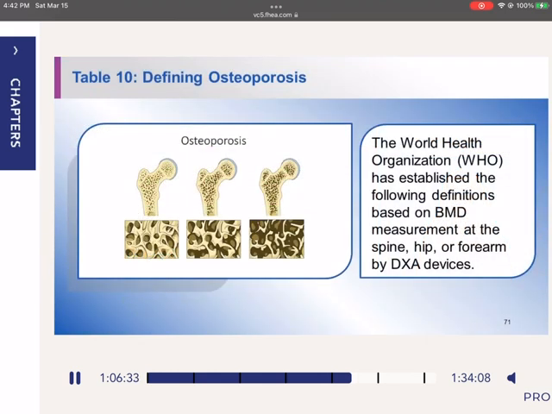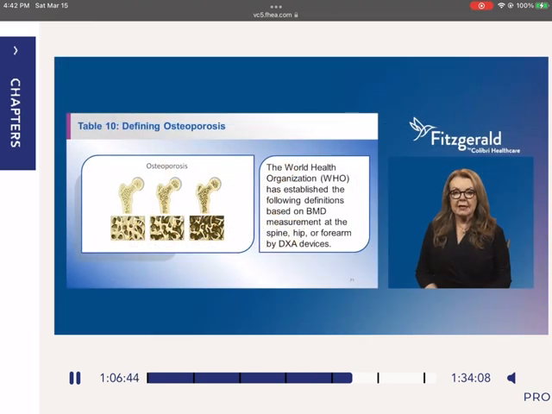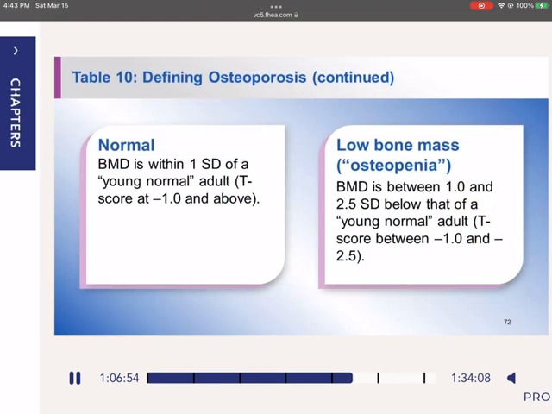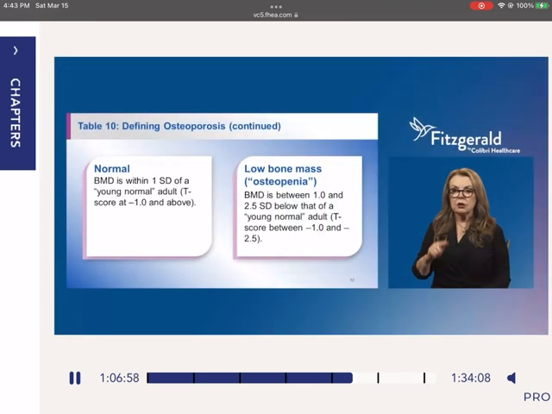Let's take a look at Table 10, defining osteoporosis. The World Health Organization has established the following definitions based on BMD measurement at the spine, hip, or forearm using a DEXA device. Normal is BMD within 1 standard deviation of a young normal adult, a young healthy adult.